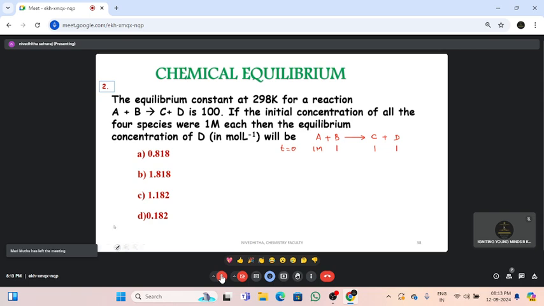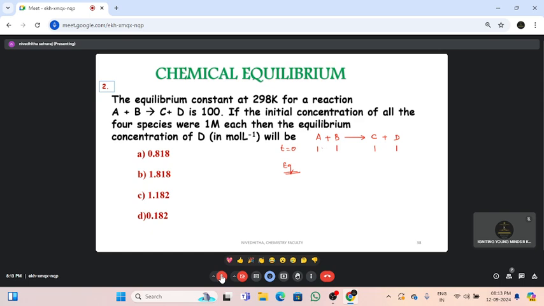Okay, now this reaction is happening. Whenever reaction is happening, reactant will get converted into product. So during the course of the reaction, reactant's concentration will get decreased and product's concentration will get increased, right? So when the system is at equilibrium, a particular quantity of reactant will get involved in the chemical reaction.